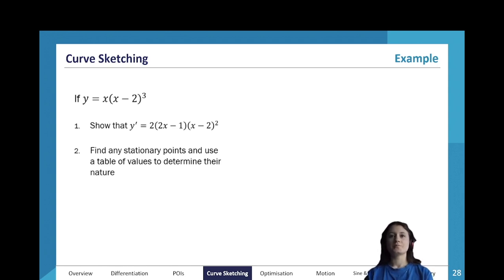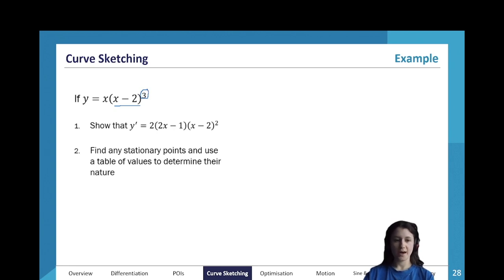Remember, to derive a function to a power, you need to use the chain rule. Here, we have a function to a power.